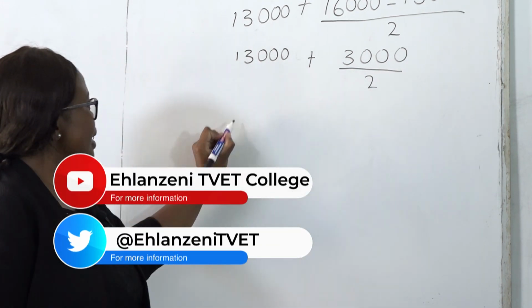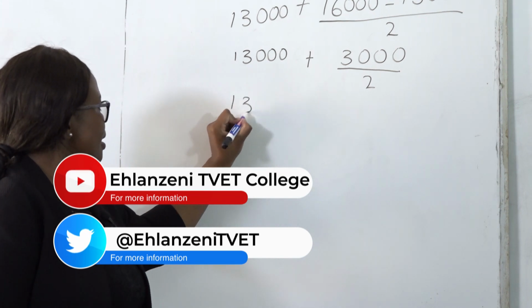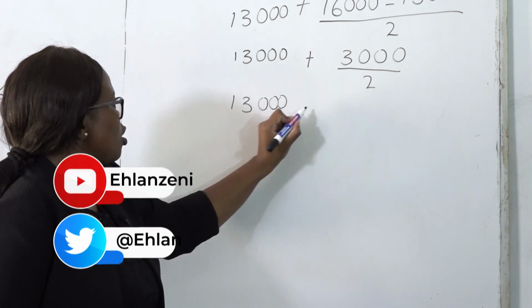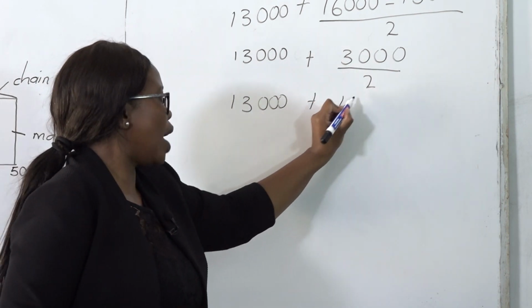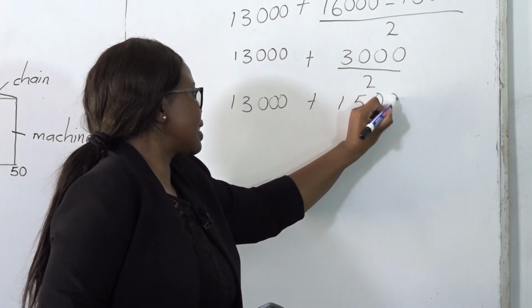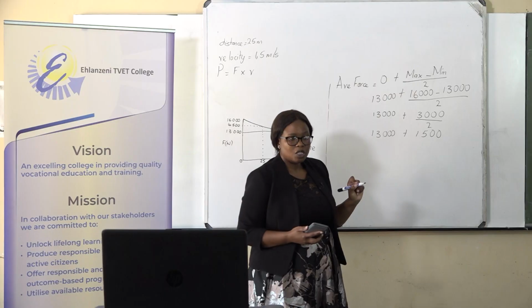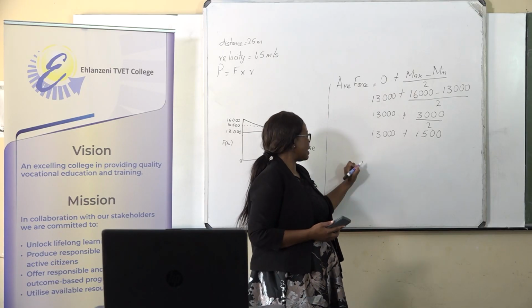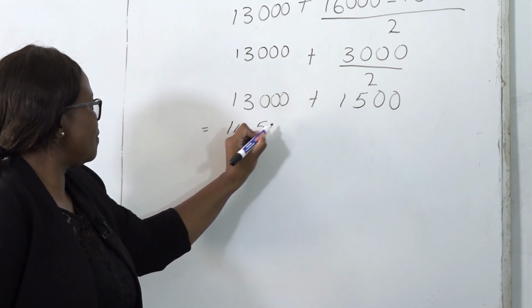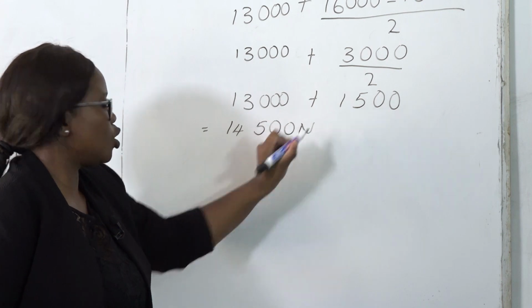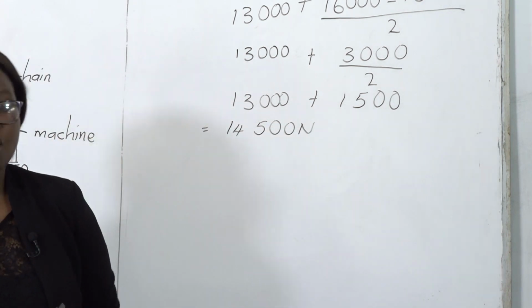So here we are saying 13,000 plus 3,000 divided by 2 is 1,500. So our average force here is 14,500 newtons. This is how we get our average force.